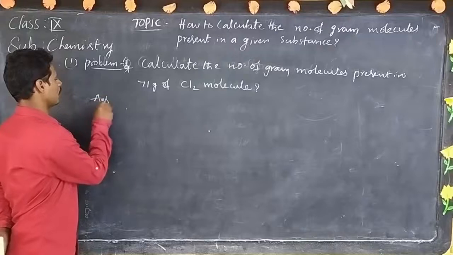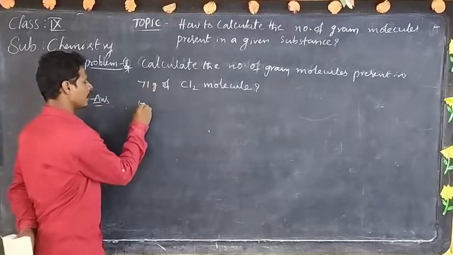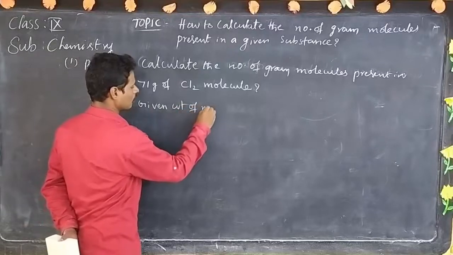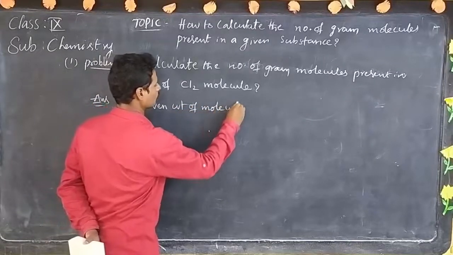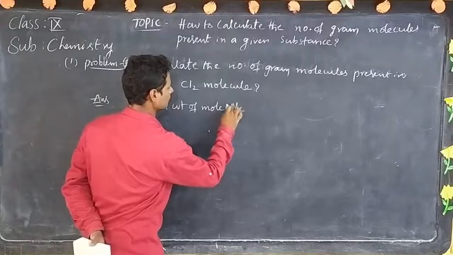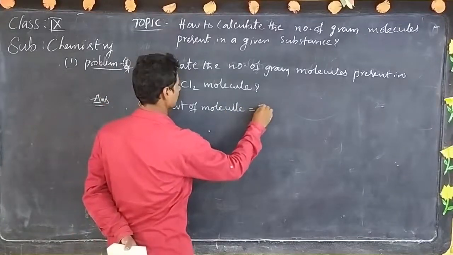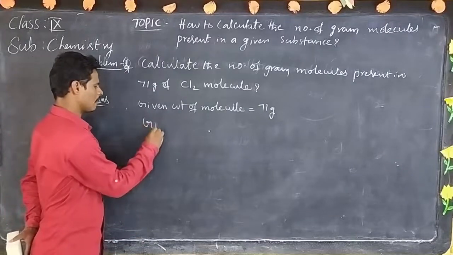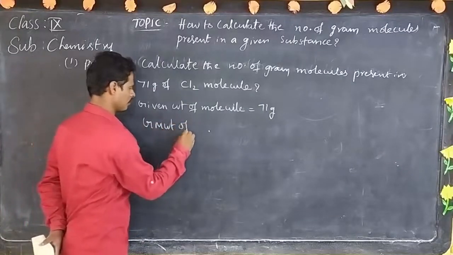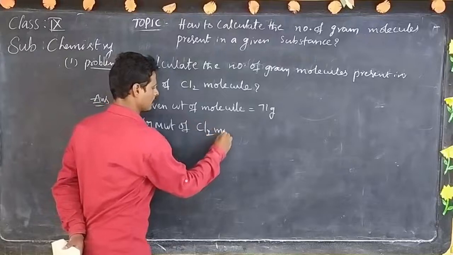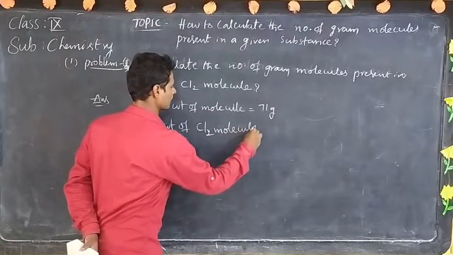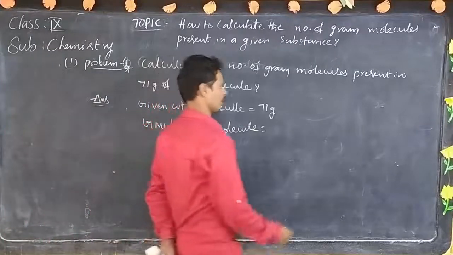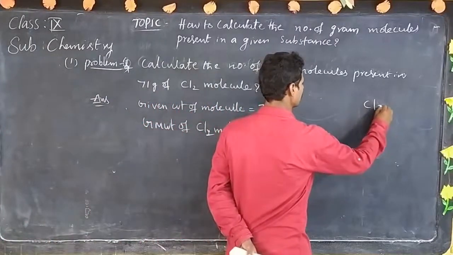According to the question, we can identify given weight of molecule equal to 71 grams. Next, gram molecular weight of chlorine molecule. We know the calculation of molecular weights of different compounds. Cl2.